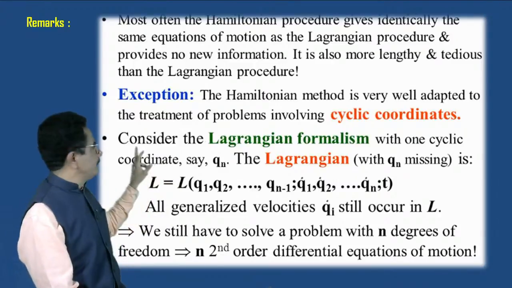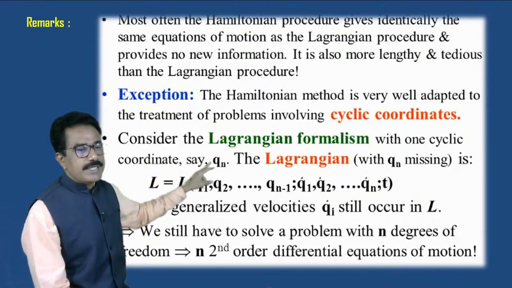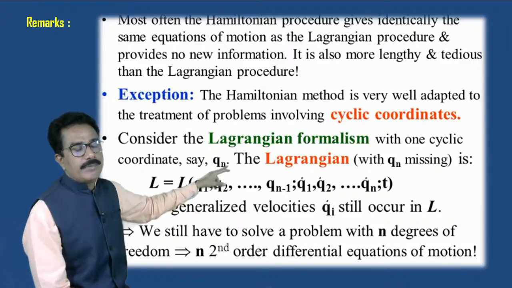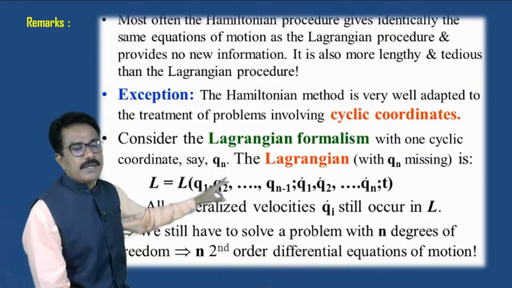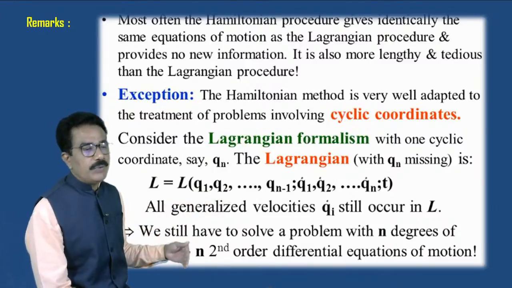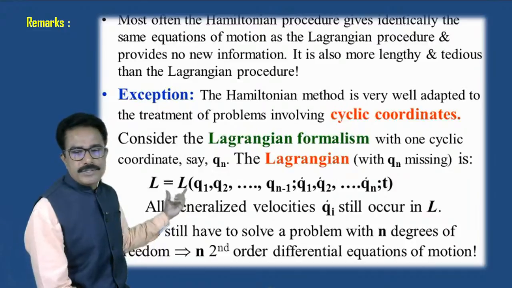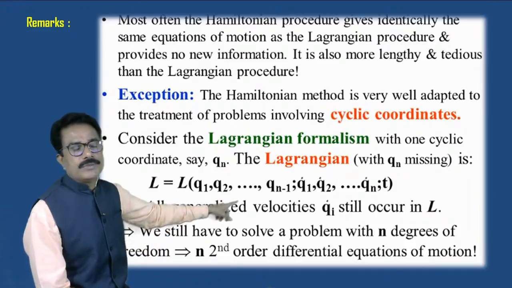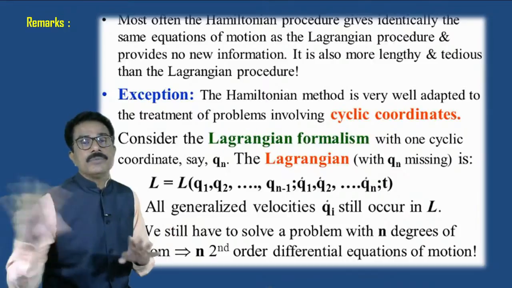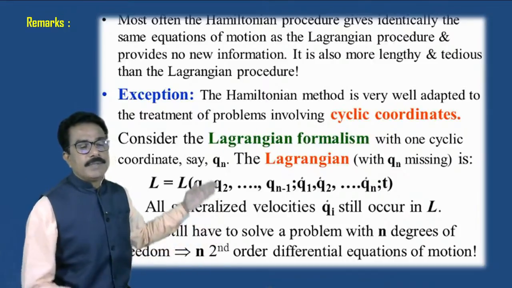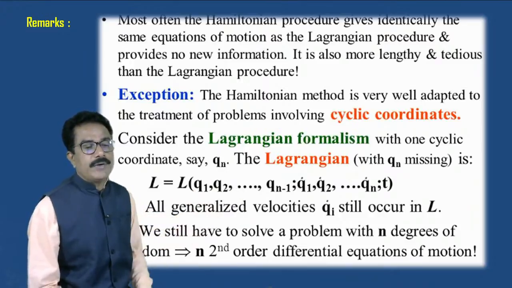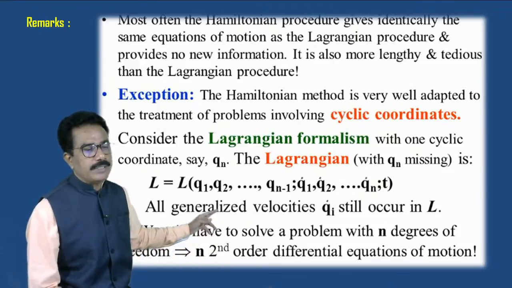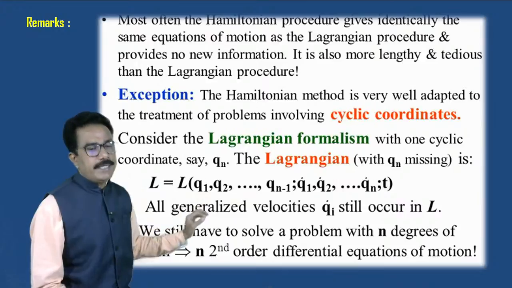Note number 3: consider the Lagrangian formalism with one cyclic coordinate, say qn. Then the Lagrangian with missing qn is L equals L of q1, q2, q3 up to q(n minus 1), removing qn, similarly q1 dot, q2 dot, q3 dot up to qn dot, and t.